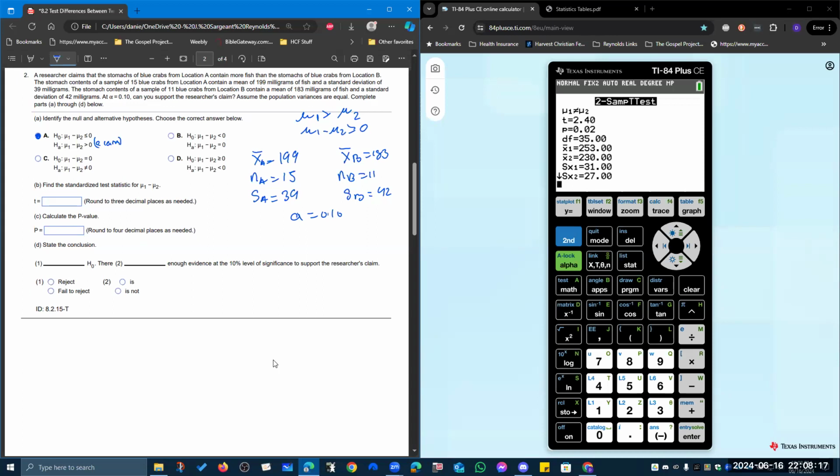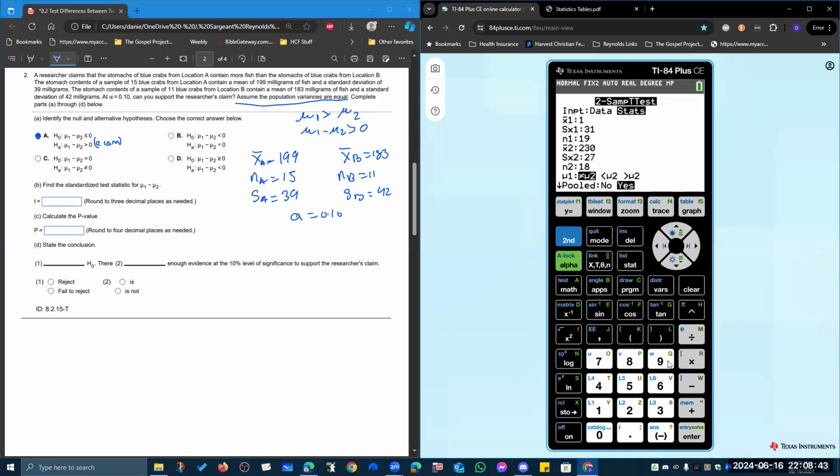All right, so let's go ahead and type all this in. Stat test number 4. We're going to assume again that the population variances are equal here. We're talking about blue crabs, so that should be equal.